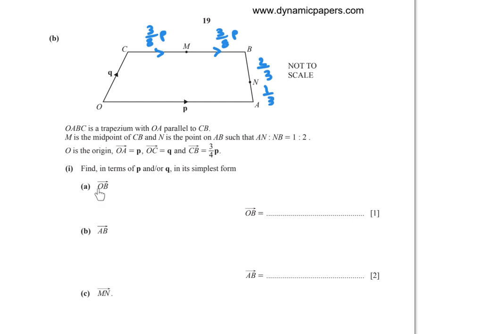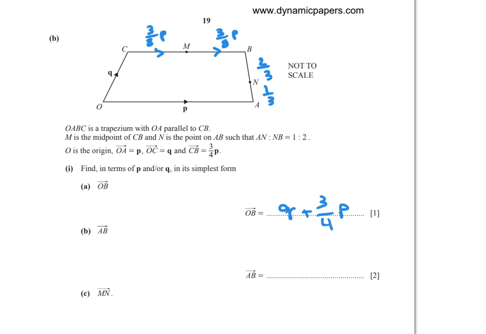We need vector OB. OB is OC plus CB. OC, which is Q, CB, which is 3 over 4 B. So the vector OB equals Q plus 3 over 4 B. Vector AB equals AO plus OC plus CB.